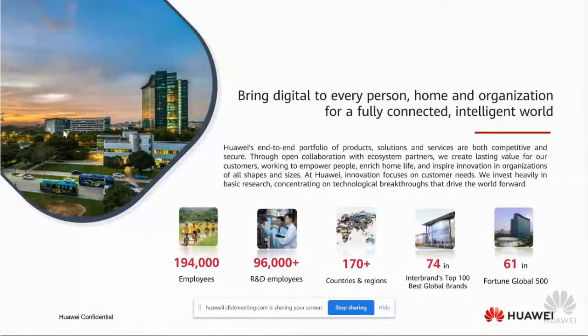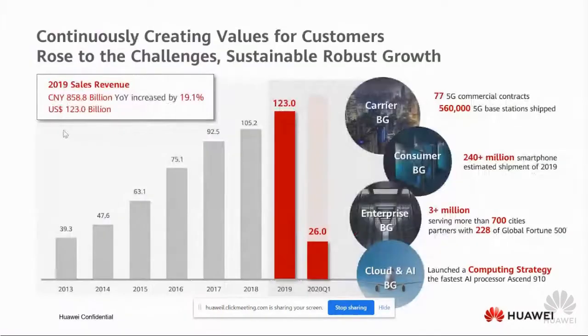We are in the Fortune Global 500 as the 61st company. So this is about Huawei in general. Our last year revenue was $123 billion US dollars. This was more than a 19% increase year to year. So it is very prospecting. It was very prospecting, and we hope this year will be similar.